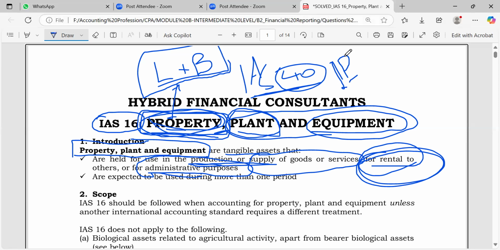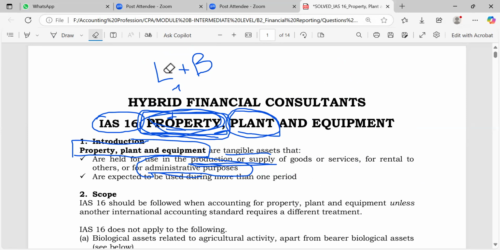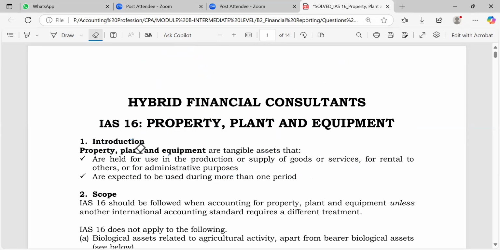Now, since you have already been told this is called investment property, when you have plant and equipment for rental, I need to speak specifically on this rental so that you can distinguish right now, although you have not yet studied IAS 40.